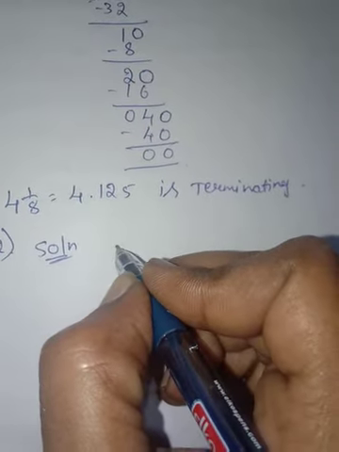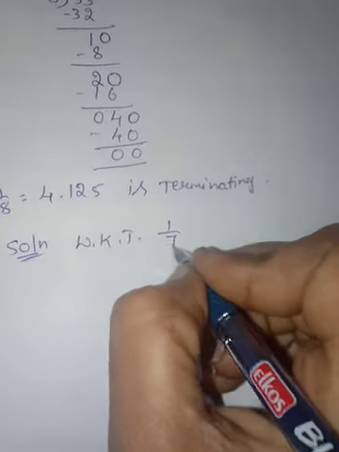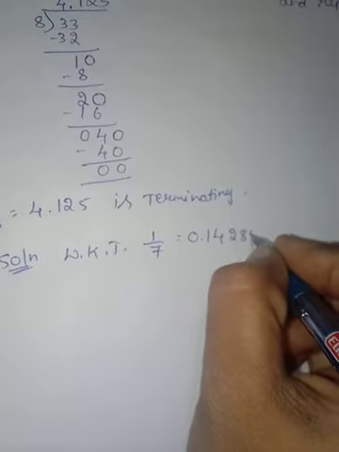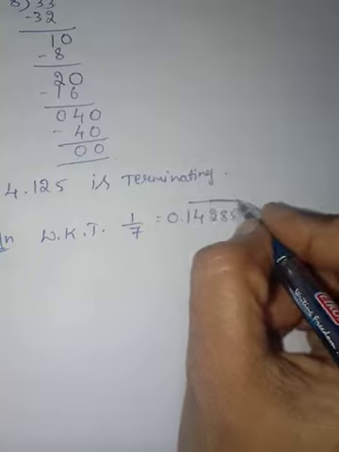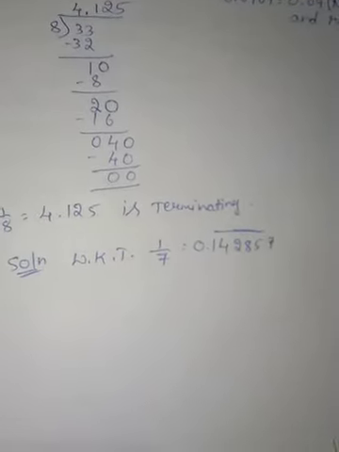What is the value they have given? We know that 1 by 7 is equal to 0.142857. That means it goes on repeating.